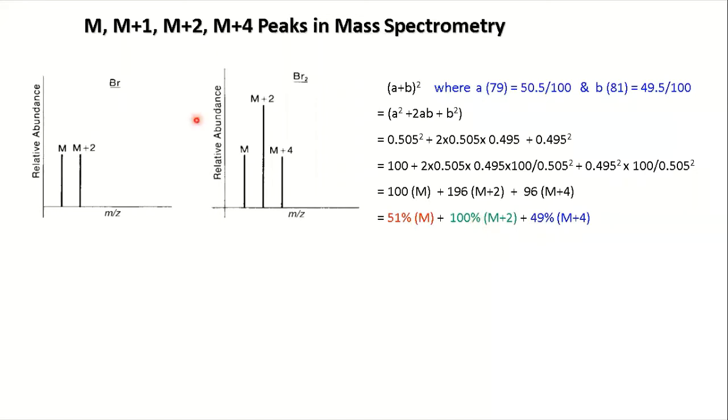So the M plus 2 will be the 100% peak, and this will be 49%, and this will be 51%. So that will be the situation. Your percentage scale you put here, this is going to be 100. We put relative abundance in percentage. That way you have to do the calculation.